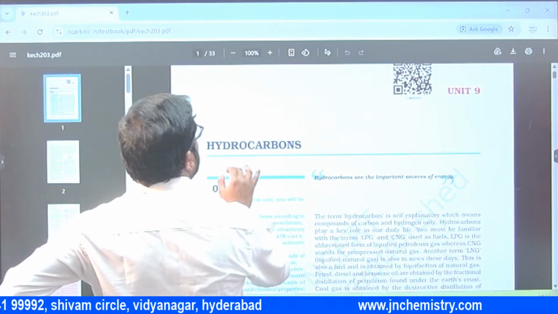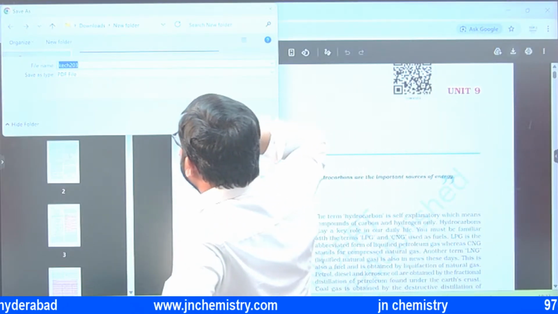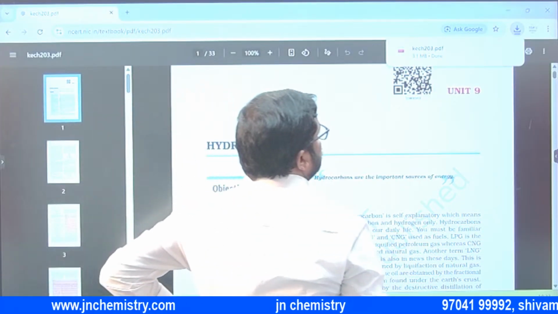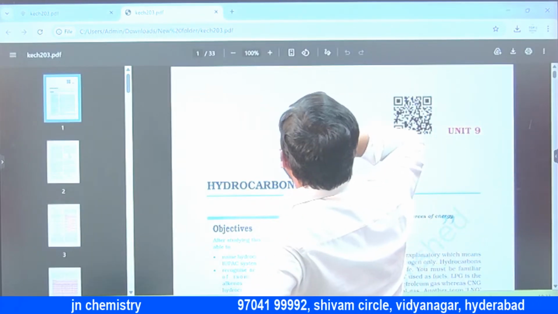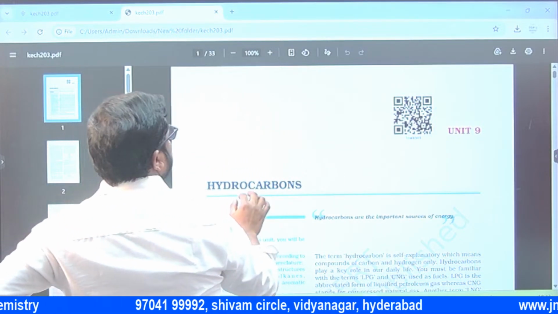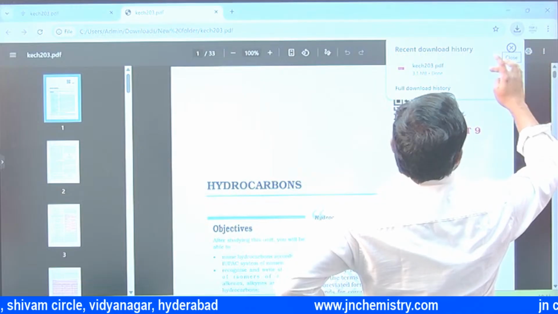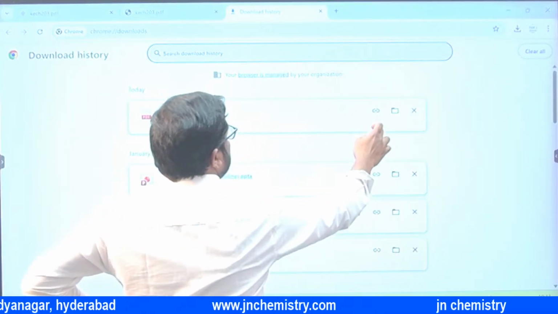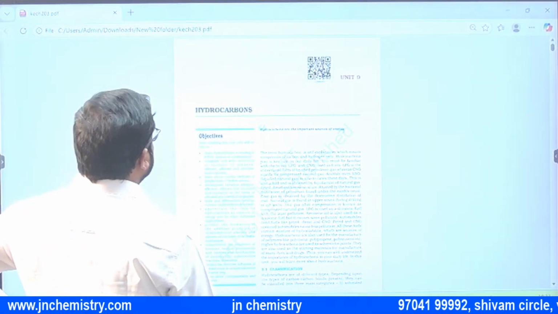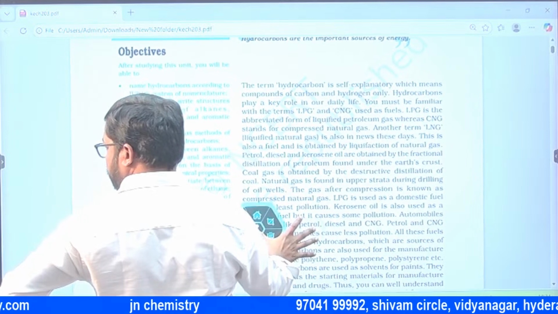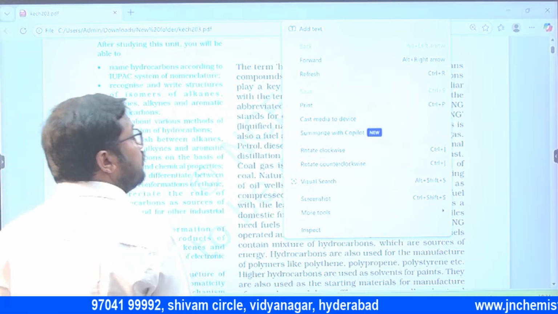See, can you see the code? One thing, I'll switch off the lights.